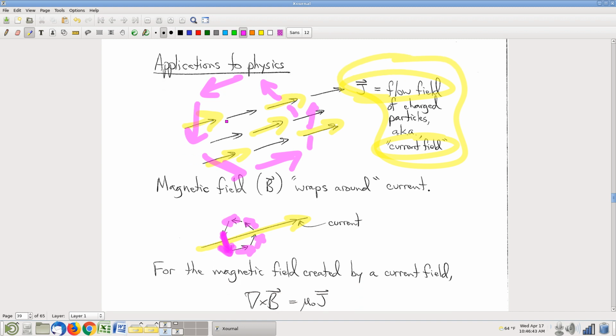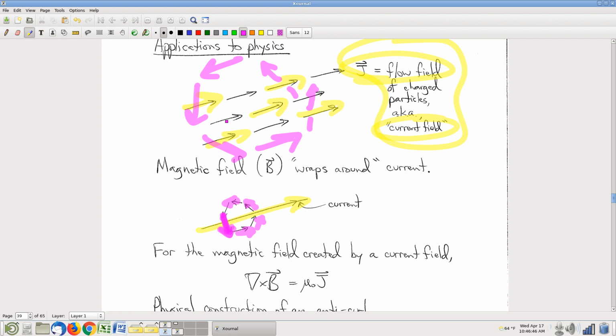The connection is very conveniently by way of curl. Given a flow field, by the way, this does have to be a steady state flow. Everything gets different and complicated when it's not a steady state, like if the current is increasing, or if the charged particles are accumulating somewhere. So steady state only. But the resulting magnetic field relates by way of curl.